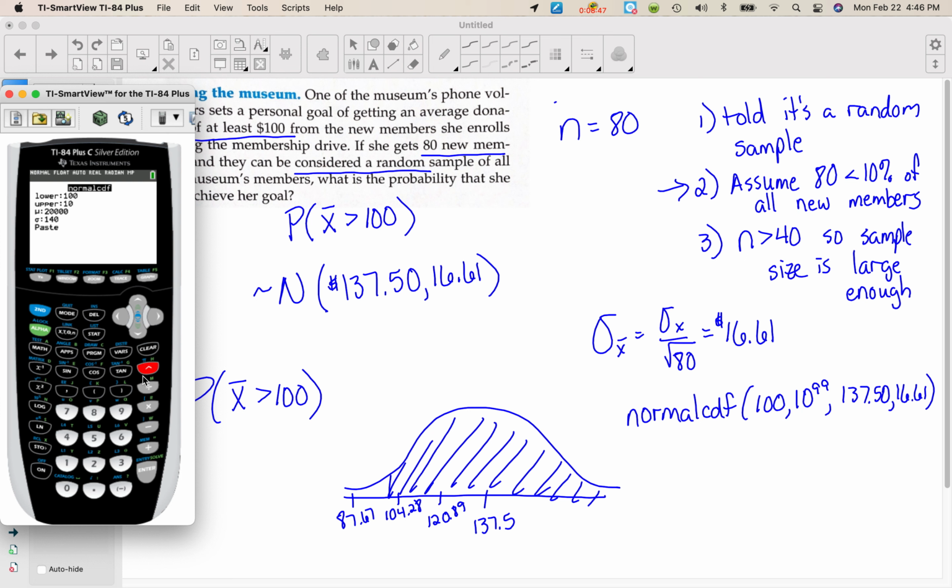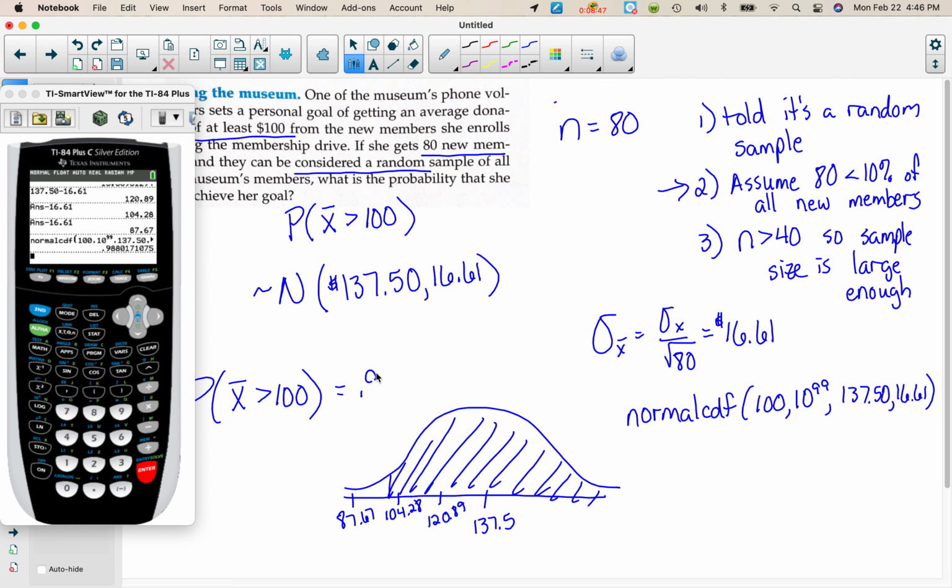I'll put in 10 to the 99th power. My mean, 137.50. My standard deviation, and I get 0.9880. So what's the probability she can achieve her goal? I'd say it's pretty likely.